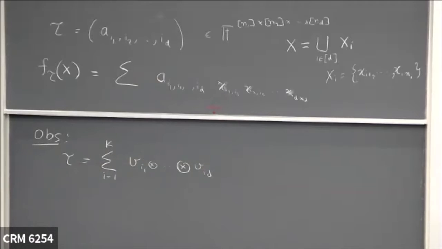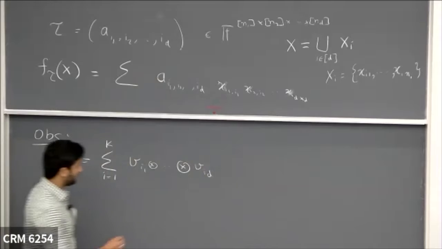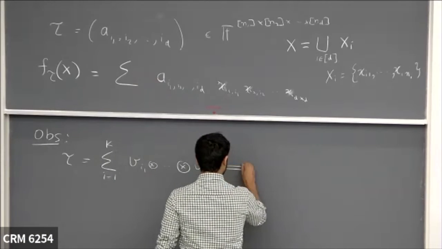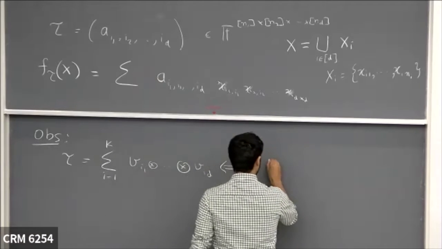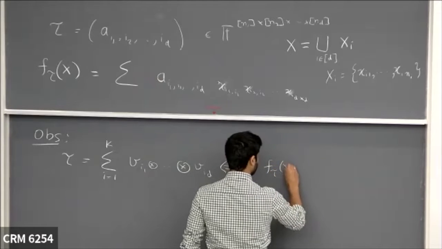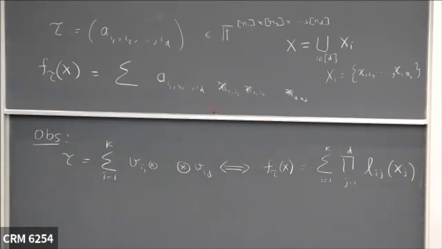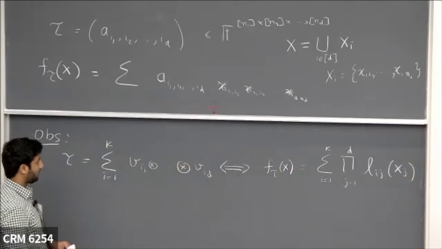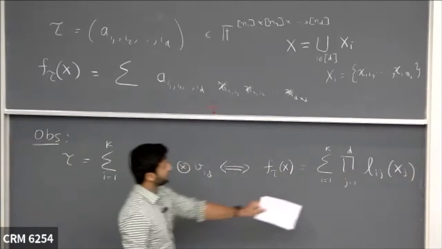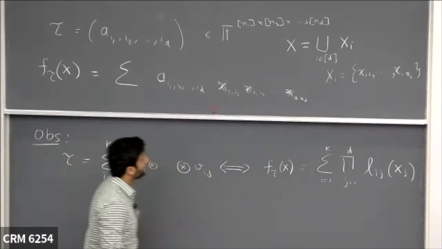So if your tensor decomposes like this, that is equivalent to saying that your polynomial f_tau(x) has the following decomposition. And this x_j is the same x_j I defined here.